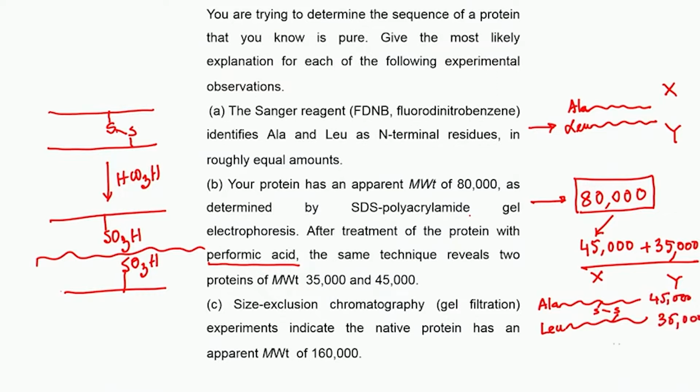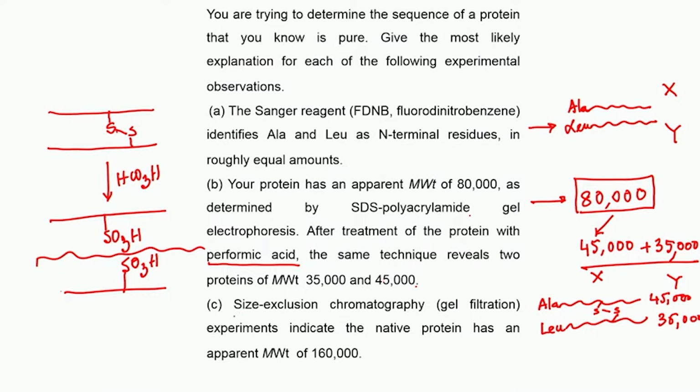But I again repeat, this could be the other way around, this could be 35 and this could be 45, because the information is not given what is the N terminus sequence of the 35 or of the 45,000. Okay. So, we have to write this or the other one.